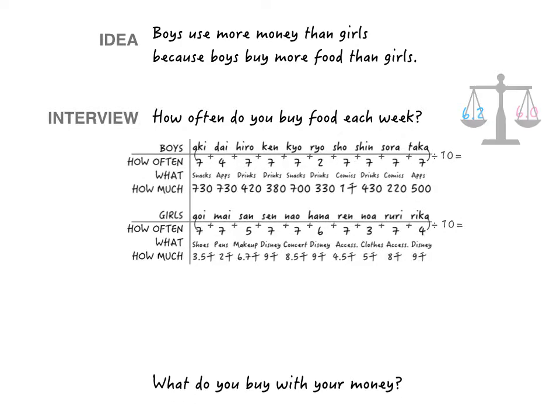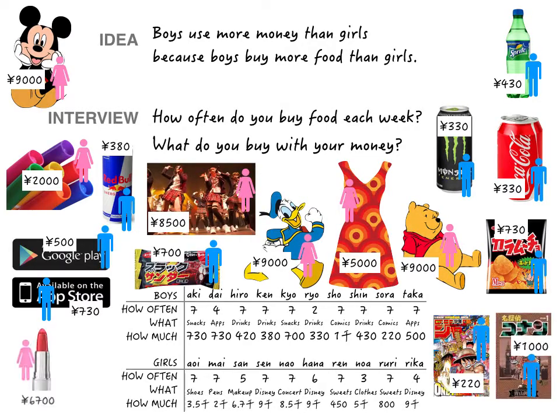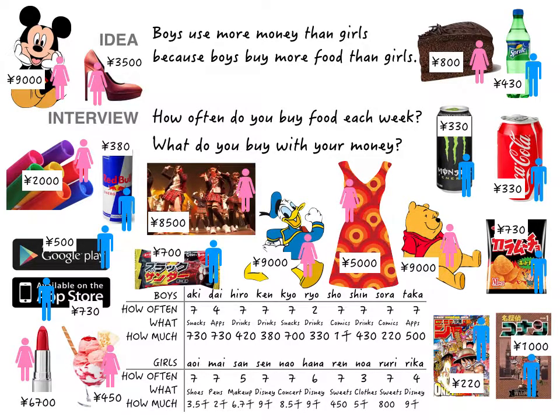The second question is different. When we asked, what do you buy with your money, we get many different answers. To understand these results, we must put the answers into groups. There are many different ways to make groups.